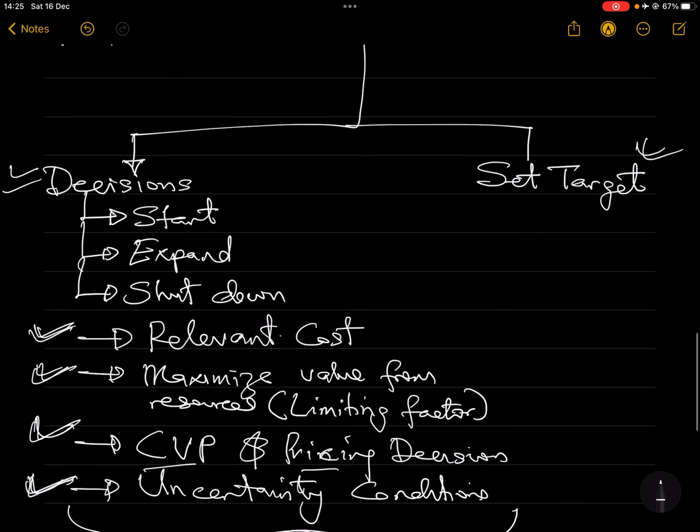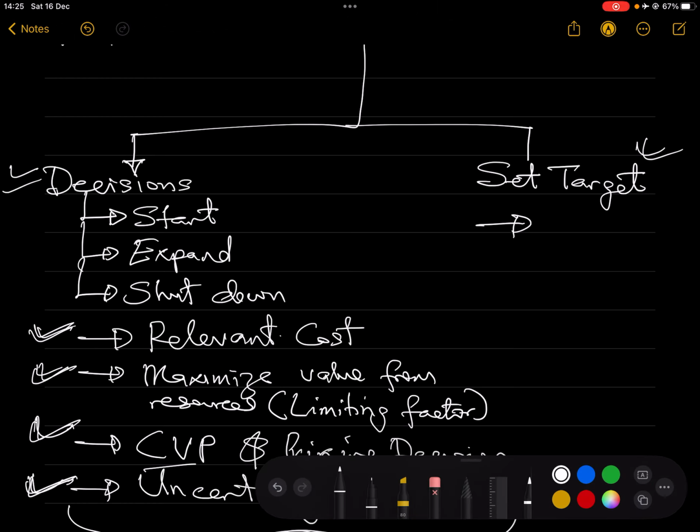Now, setting target. How do we set target? If you don't set target, there's no achievement. So we're going to set target for the future. And what this means is that we'll put values to those targets. Because without values, it's difficult to measure because our target has to be measurable. So which means we're going to do budgeting. So budgeting is like a form of target for us, because if we say our budget is a particular amount, it means that that is a cap for that cost.